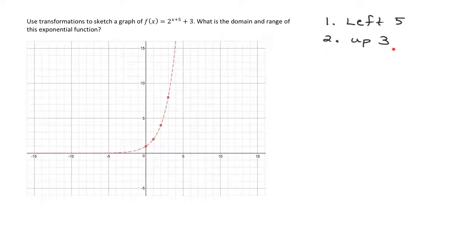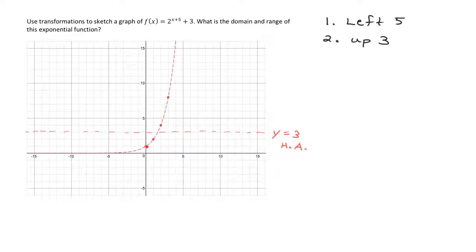But if we then go up 3, that moves the line y is equal to 0 to y is equal to 3. So I'm going to put this in as a reference to say, okay, at y equals 3, there is a horizontal asymptote. To complete this graph, I'm just going to pick a few points and see where they go through this process.